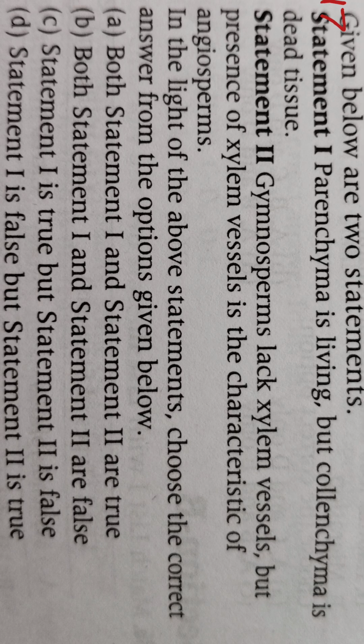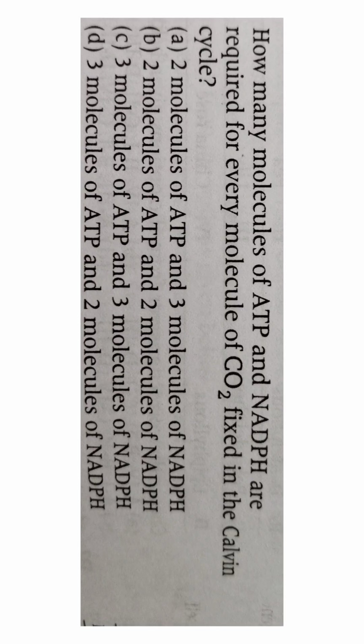So the answer is option D. Statement 1 is false but statement 2 is true. Question 18. How many molecules of ATP and NADPH are required for every molecule of CO2 fixed in the Calvin cycle? The answer is 3 molecules of ATP and 2 molecules of NADPH.